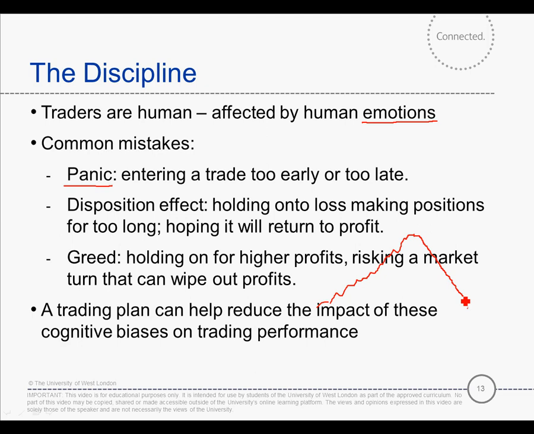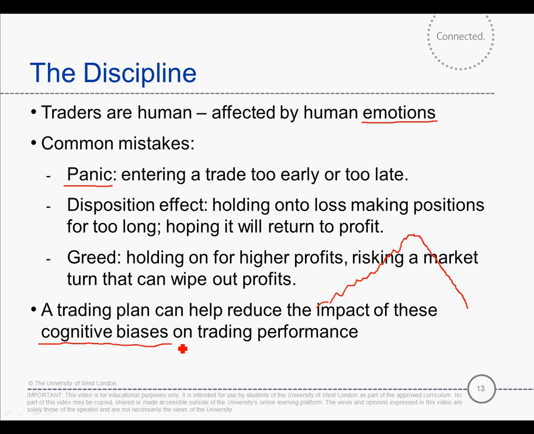Now, a trading plan can actually help you reduce the impact of these what we call cognitive biases, and this is how behavioral finance started out. Now, we did an experiment earlier on, didn't we, in the first class, where we looked at making decisions between two risky positions, and we demonstrated that on collective mass, we are cognitively biased when it comes to choosing between options.